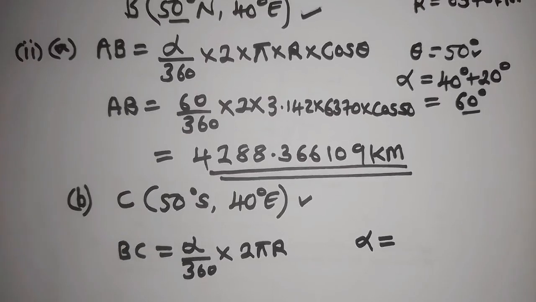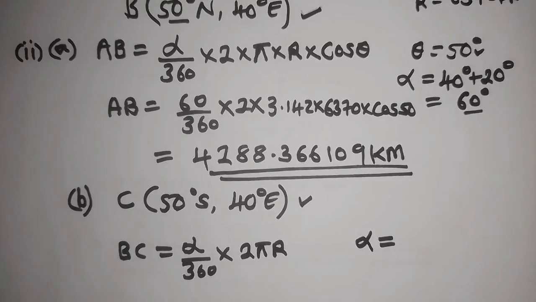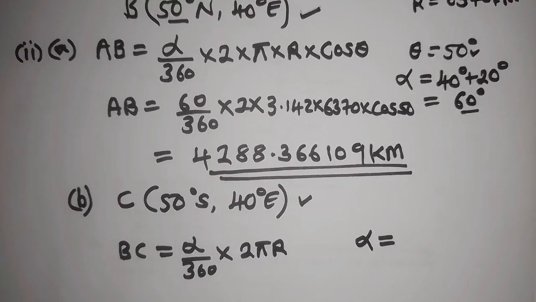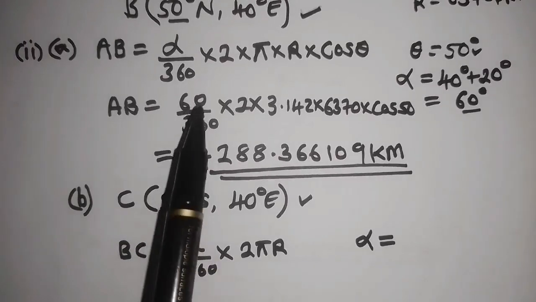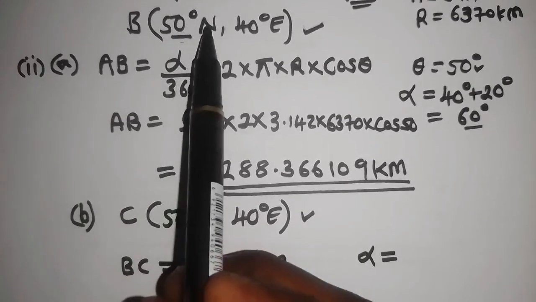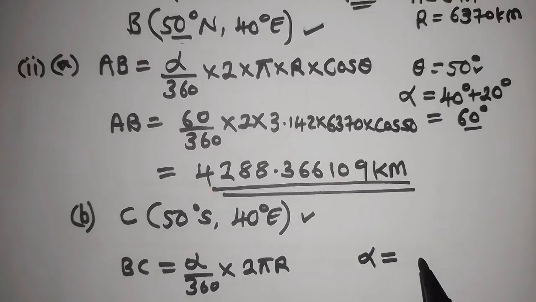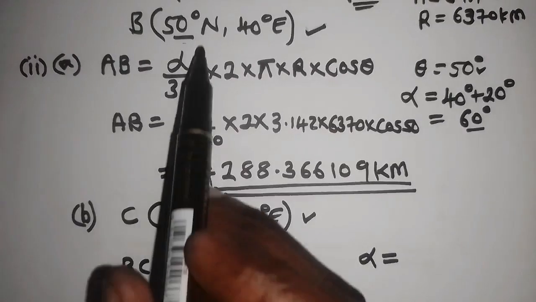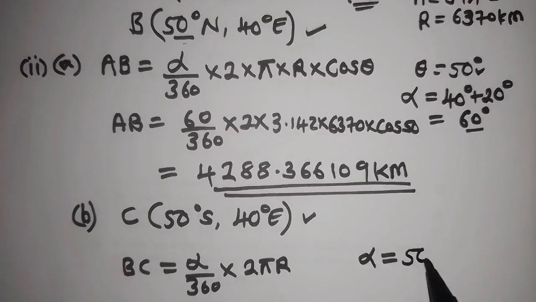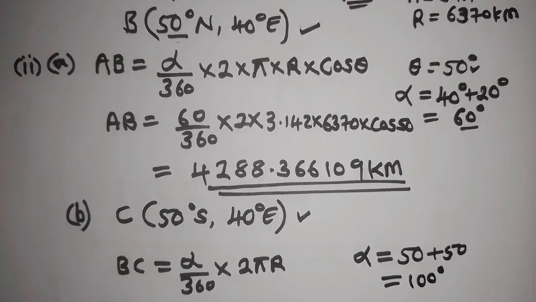The alpha is the difference in the other part. Now it's B and C. So 50 north, 50 south. Since this is south, this is north, you're just going to add them, 50 plus 50. So what you get now is 100 degrees.